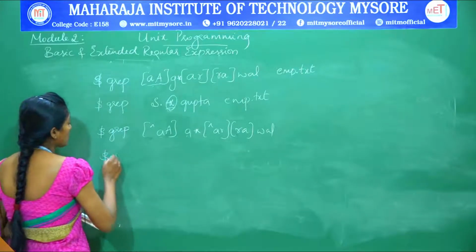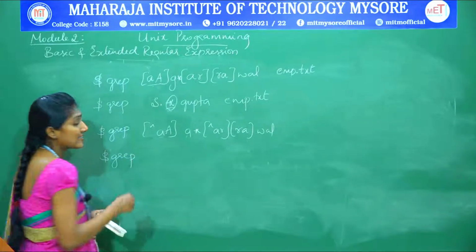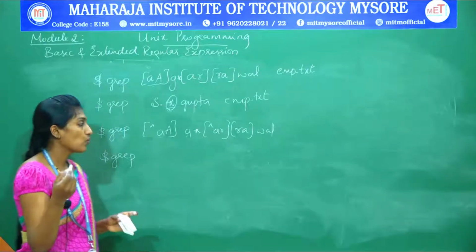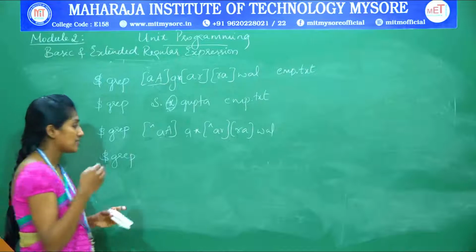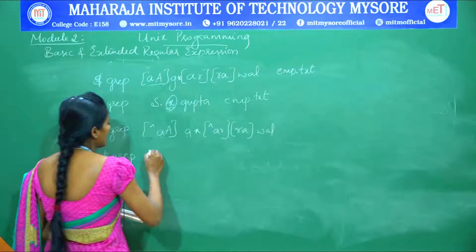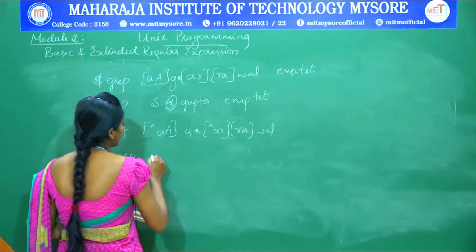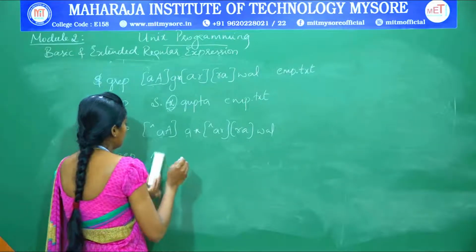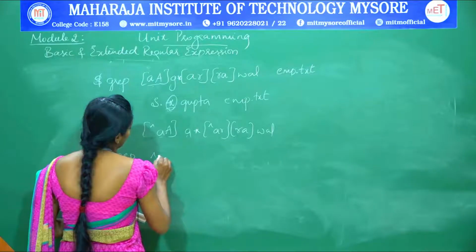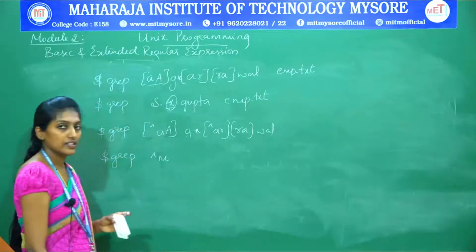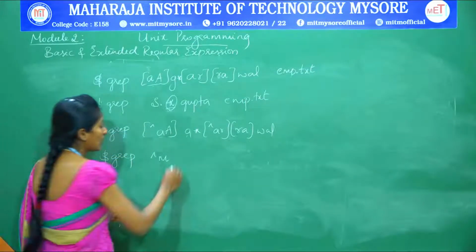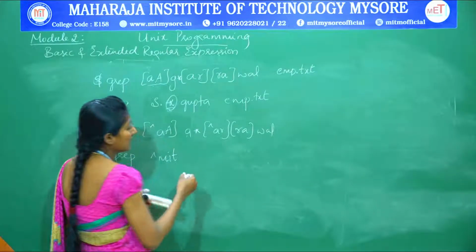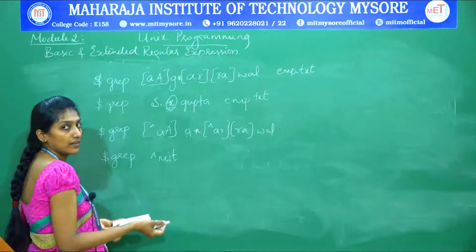Next is starting character and ending character. So what if I want to match the starting character as, let me consider, the character matched should be, starting character it should match with MIT, followed by the file name which you want.